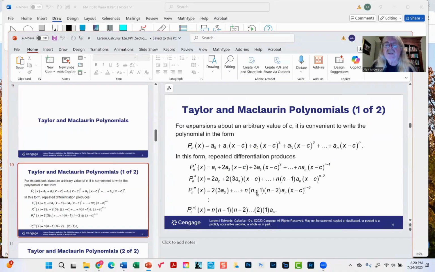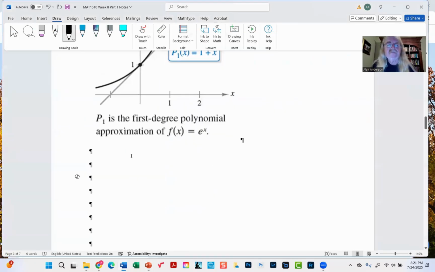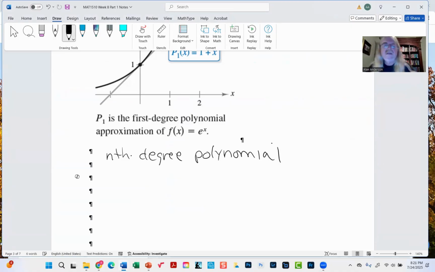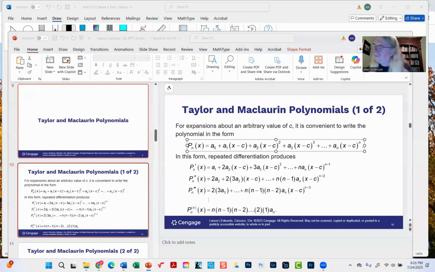Okay, now in general, what are we doing here? This polynomial, you'll see here, shows us an nth degree polynomial, but normally an nth degree polynomial looks like this. All right, so using their notation, it would be this.